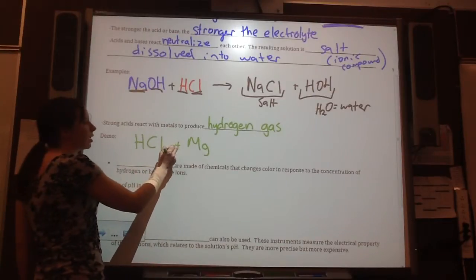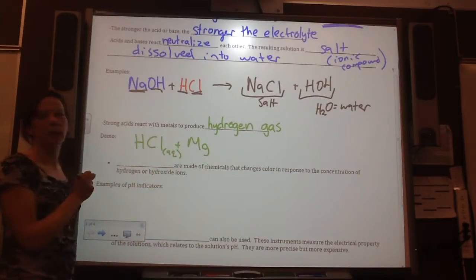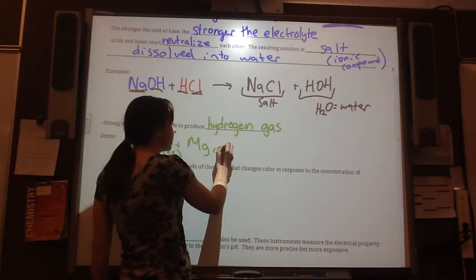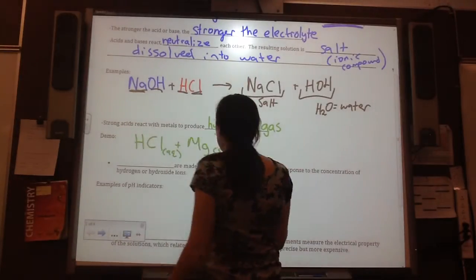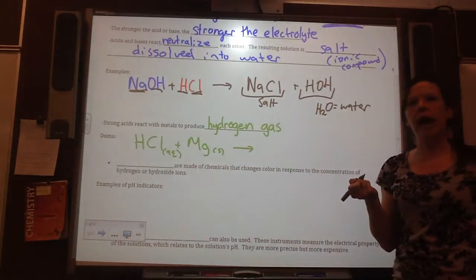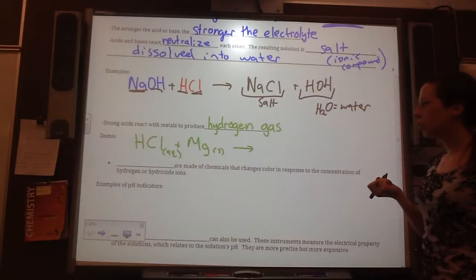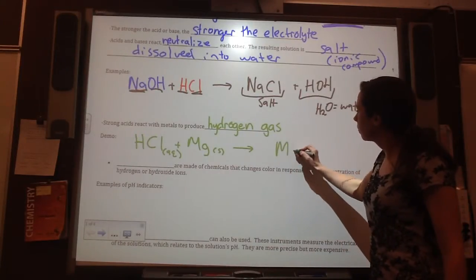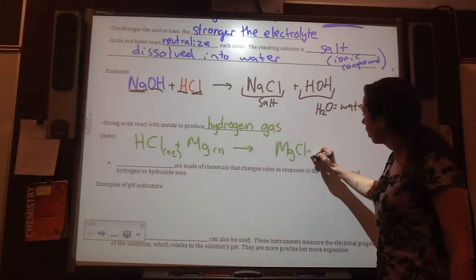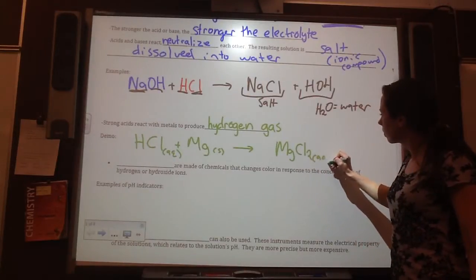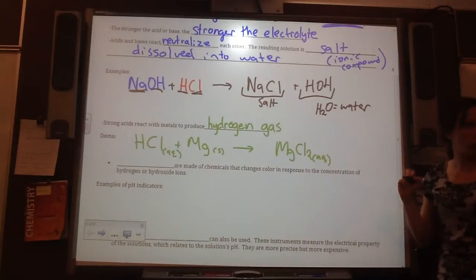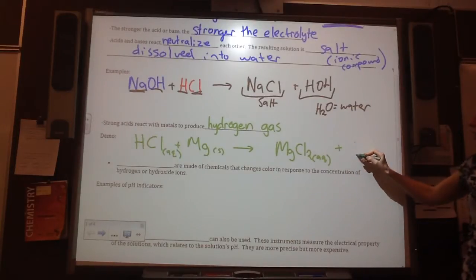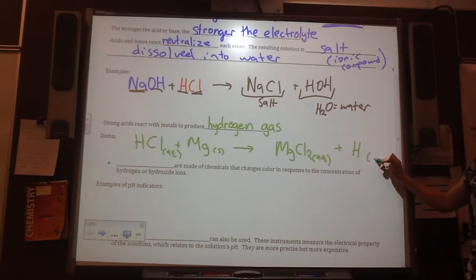We'll be specific here, it's HCl aqueous, and I'll tell you what that means in a bit. And then magnesium solid. And what happened was that they reacted together to produce magnesium chloride, which was dissolved in the solution, and hydrogen gas.